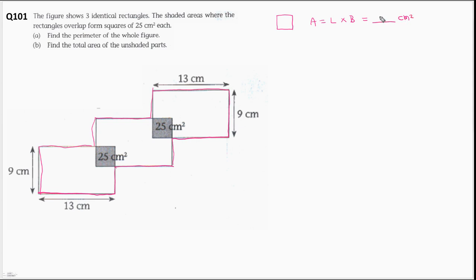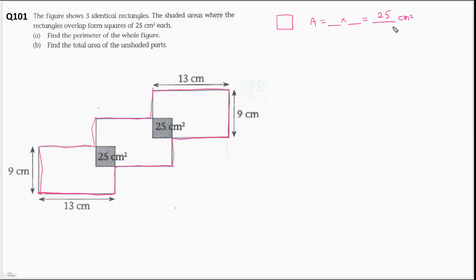Now, what we have here is an answer that's 25. And the thing about a square is that the length and the breadth are the same. So we have to think of what number multiplied by itself is going to give us 25.